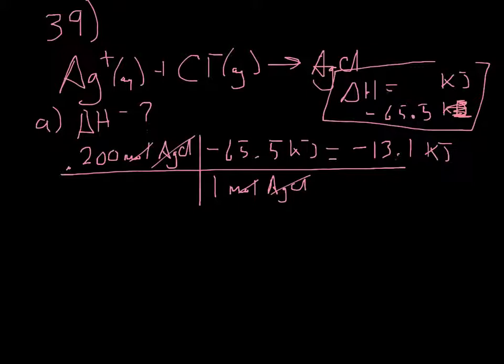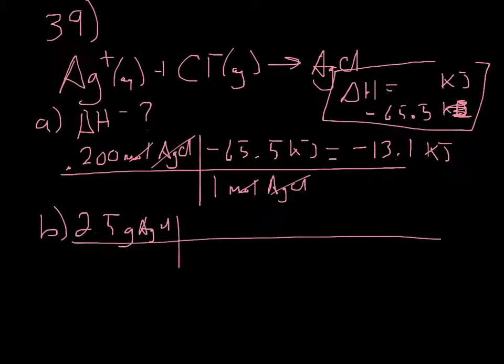Okay, B. It's very similar again, except this time we're going to start with grams, so there's going to be another step in our picket fence, and that is no problem, 2.5 grams of AgCl, so we just have to convert grams to moles. That's 143.3 grams of AgCl, which is our molar mass, equals 1 mole.